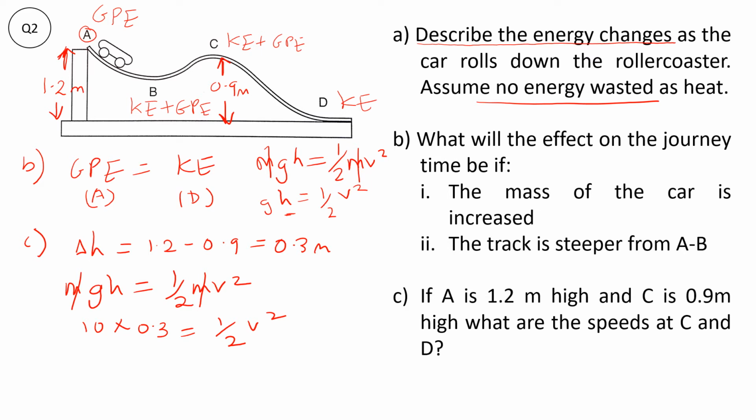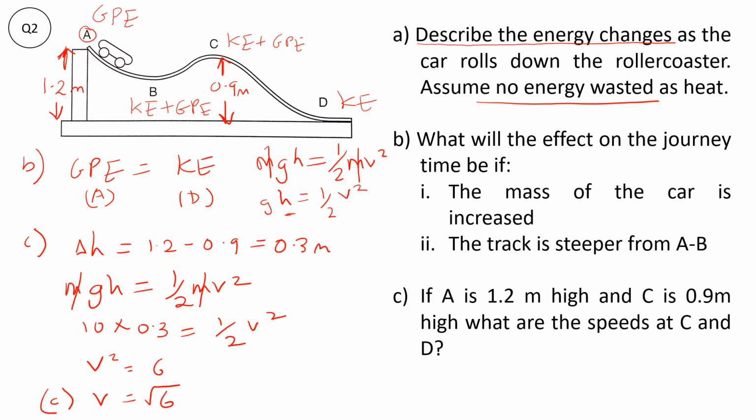So we can work out v squared equals, that's 3 on this side times 2 is 6. So v equals the square root of 6. And this is the speed at position C.